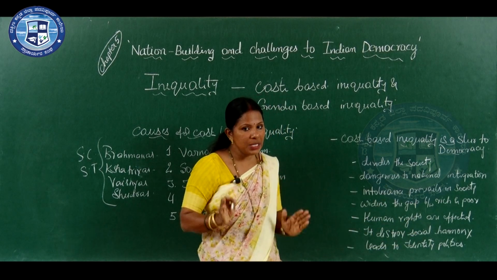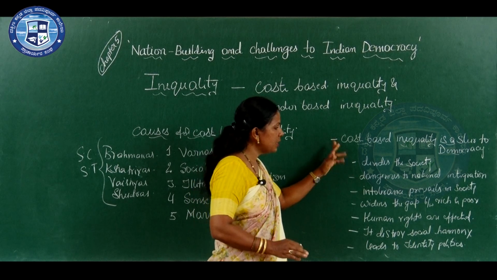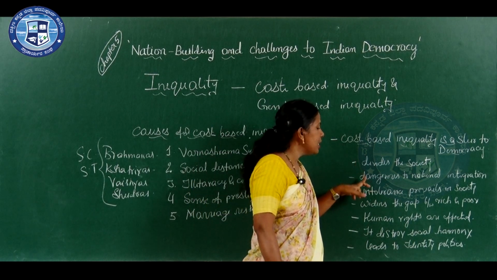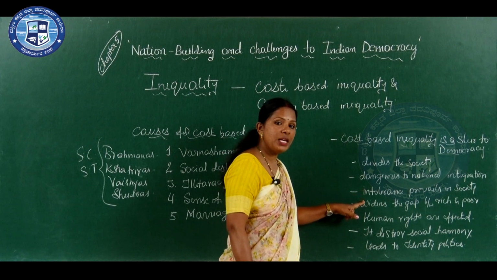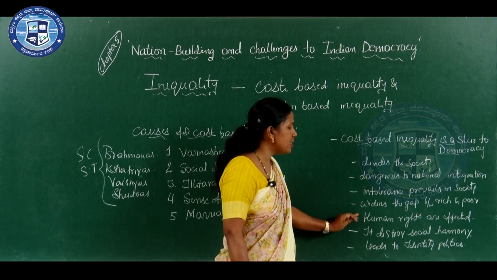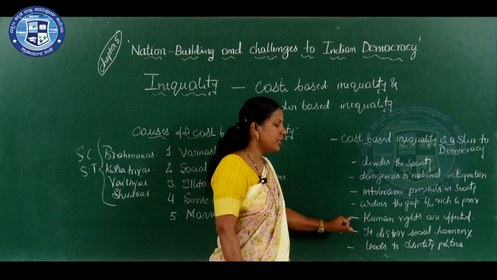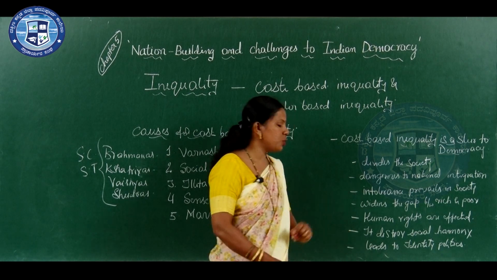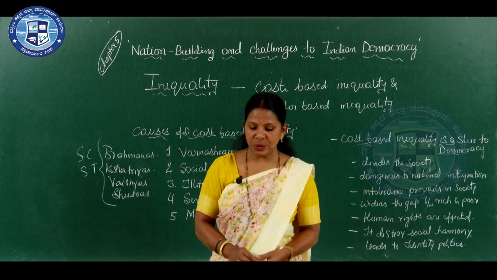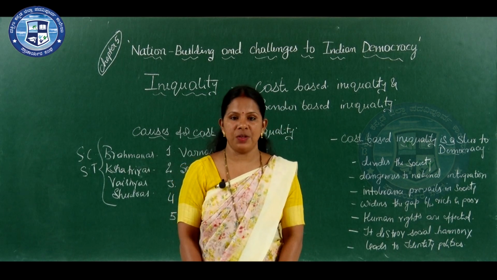See what happens in the democracy? It divides the society, it is dangerous for national integration, intolerance prevails, it widens the gap between rich and poor, human rights are affected, it destroys social harmony, and it leads to identity politics.